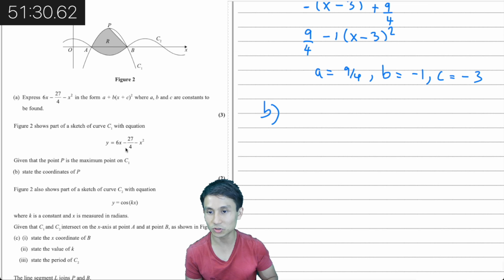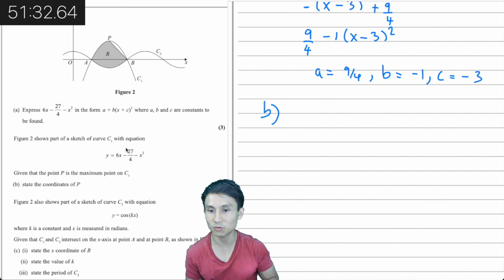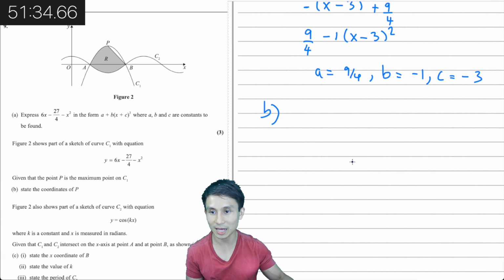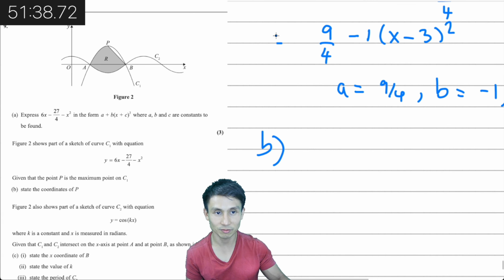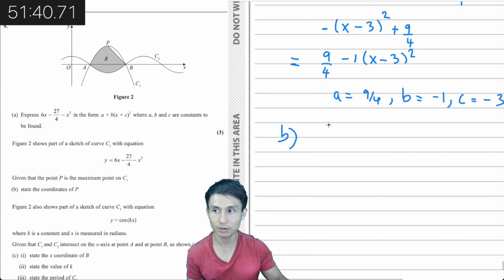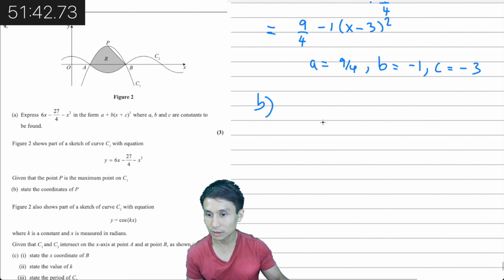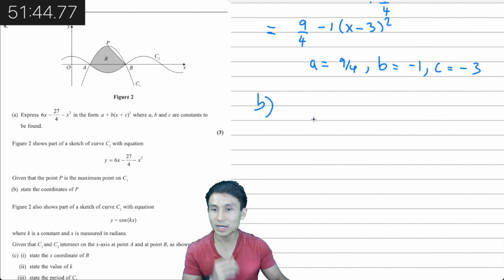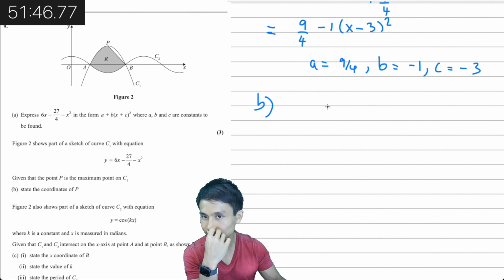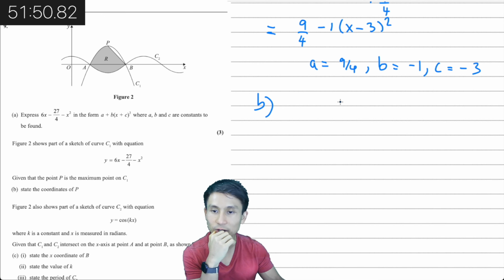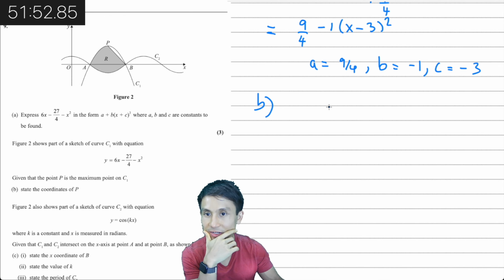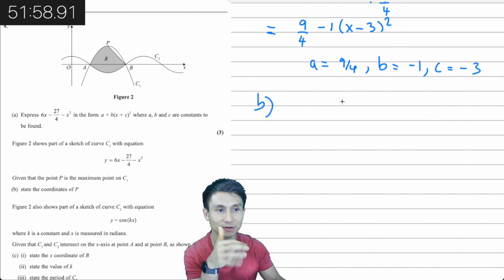B: Figure 2 shows part of the sketch of the curve C1 with equation that, which is already what we got up here. Given that the point P is the maximum point on curve C1, state the coordinates of P. So this curve C1 is a parabola, a quadratic function.